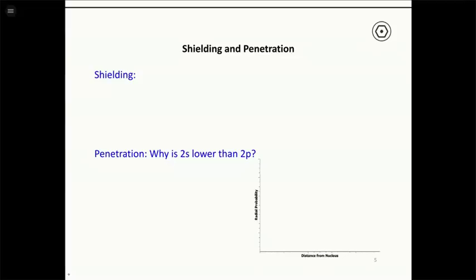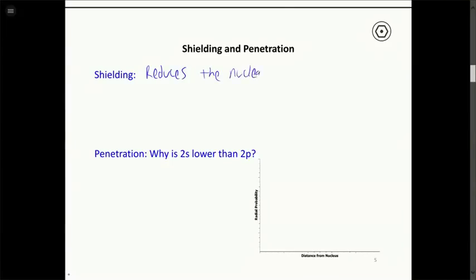And so this is the idea where you reduce the nuclear charge experienced by an electron when you have this effect called shielding.